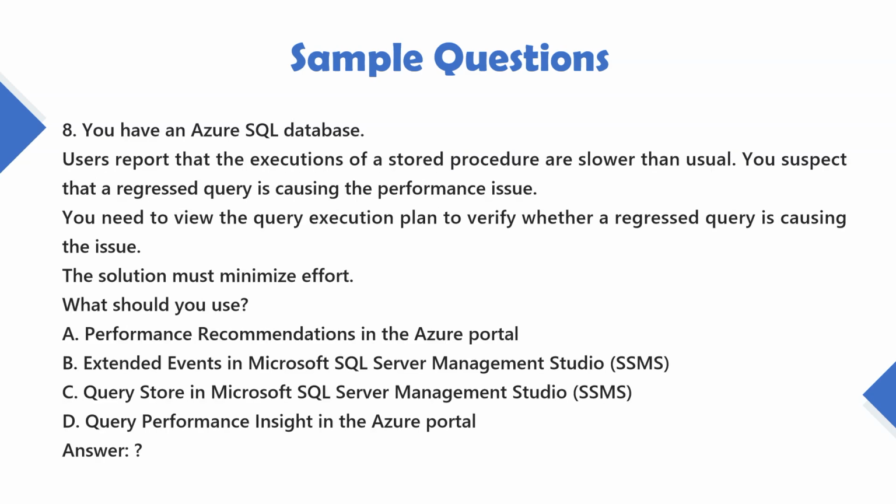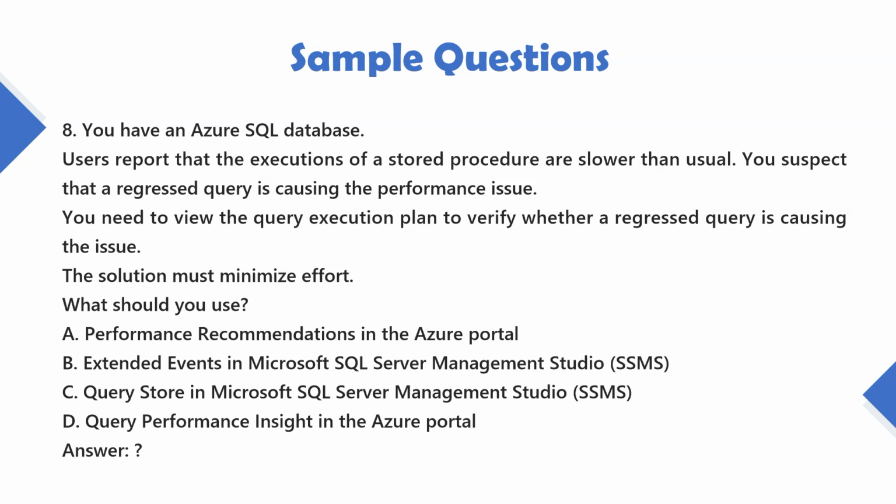8. You have an Azure SQL database. Users report that the executions of a stored procedure are slower than usual. You suspect that a regressed query is causing the performance issue. You need to view the query execution plan to verify whether a regressed query is causing the issue. The solution must minimize effort.